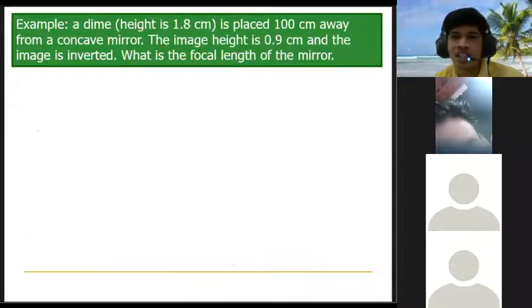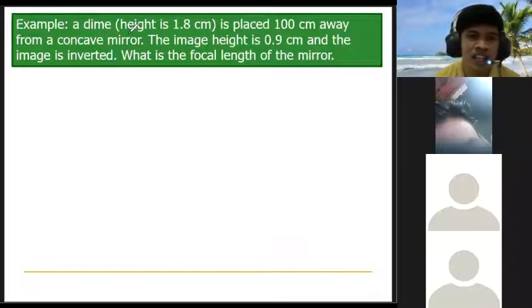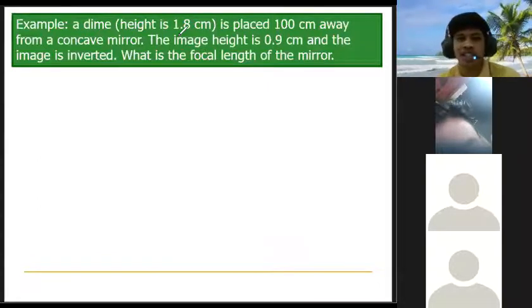Another example: a dime, whose height is 1.8 centimeters, is placed 100 centimeters away from a concave mirror. The image height is 0.9 centimeters and the image is inverted.